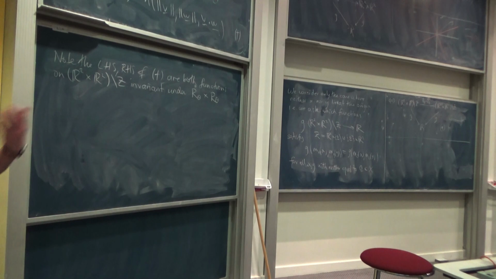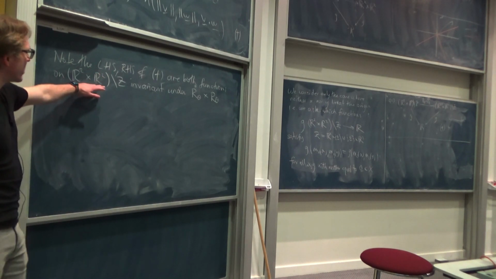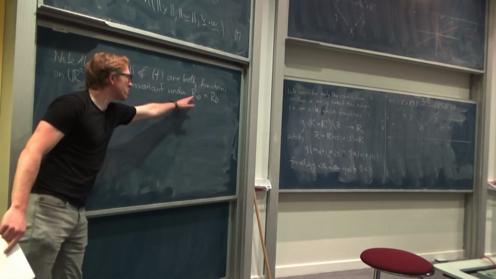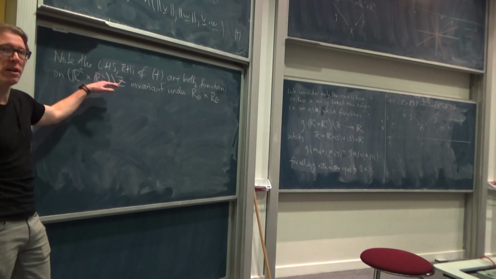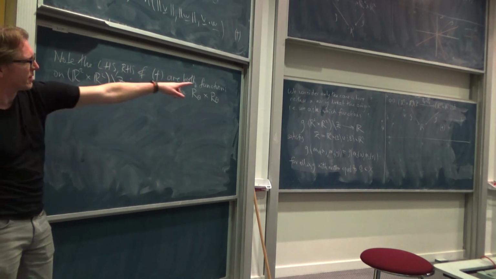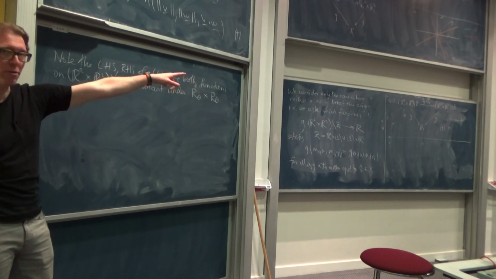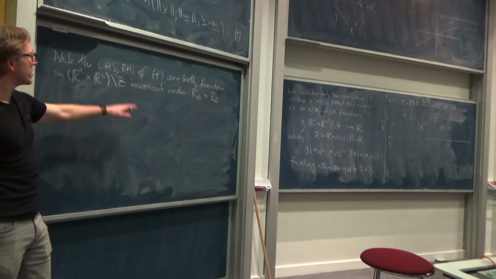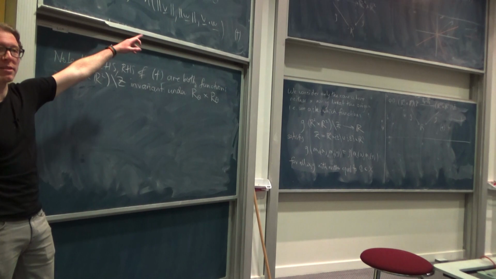What do I mean by that? They're both functions which take their inputs from this set. If I precompose with this function, which goes from this set to itself, I get the same output. For g, it's the statement that the diagram commutes. That's what I mean by R theta cross R theta invariant. And the same is true for this h on the right-hand side.